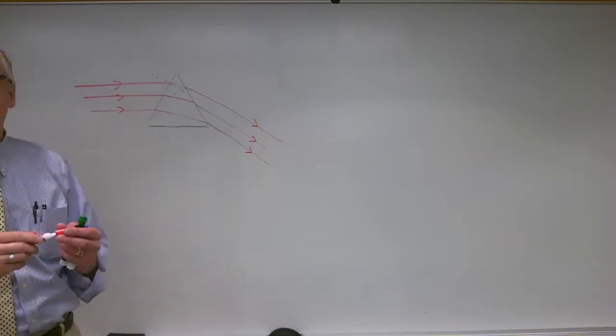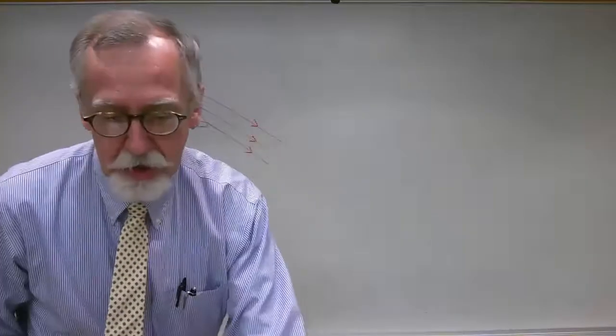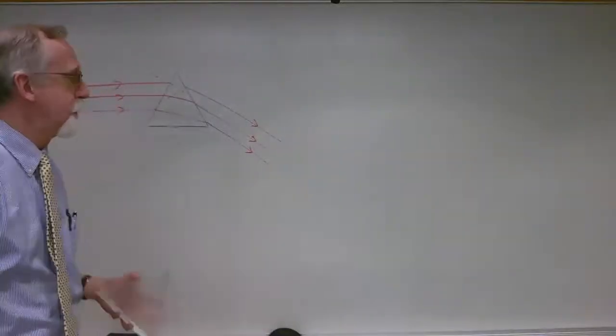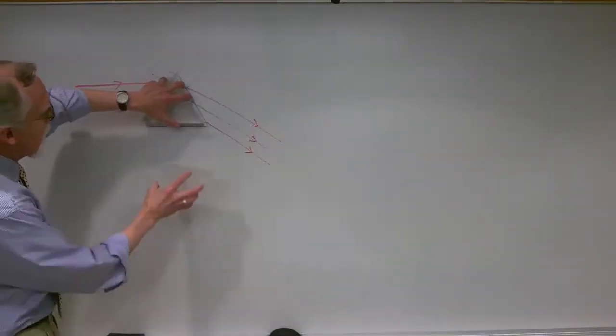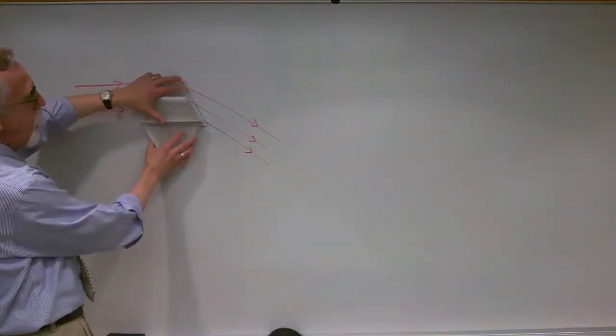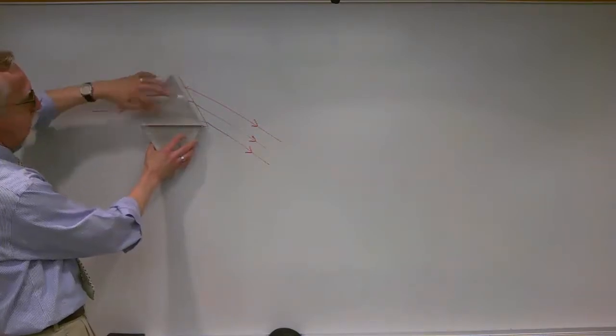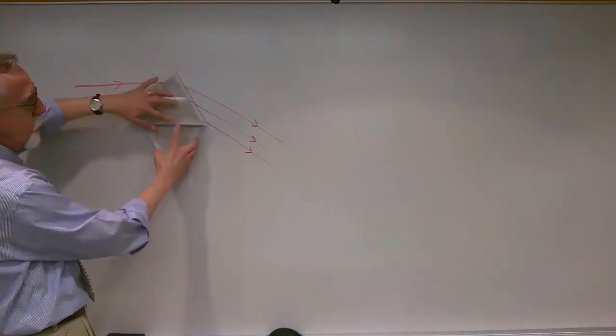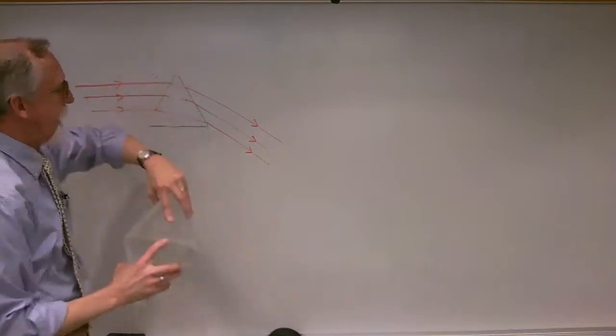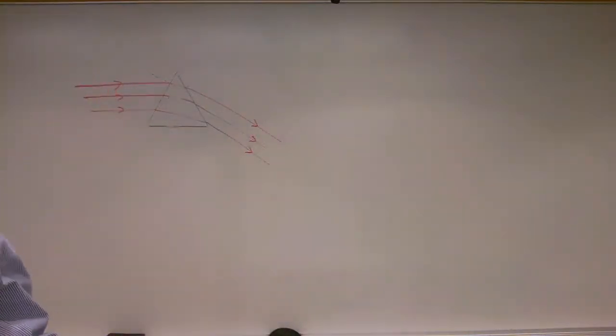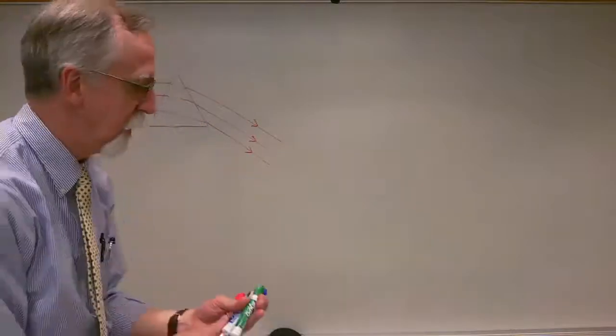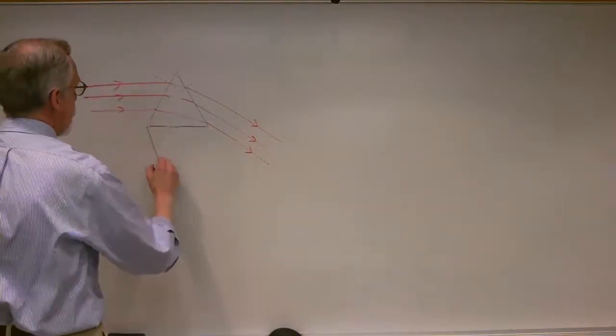Well, now let's add another prism. Let's add a second prism, but in this case, let's add a prism that is upside down, or just reversed from the top one, like this, with the same parallel side as the one above it. So let's imagine we have a situation then like this.